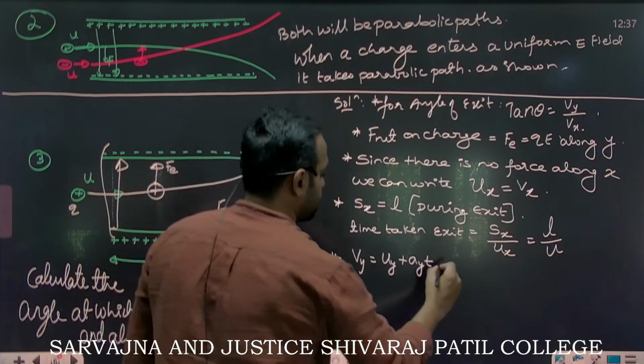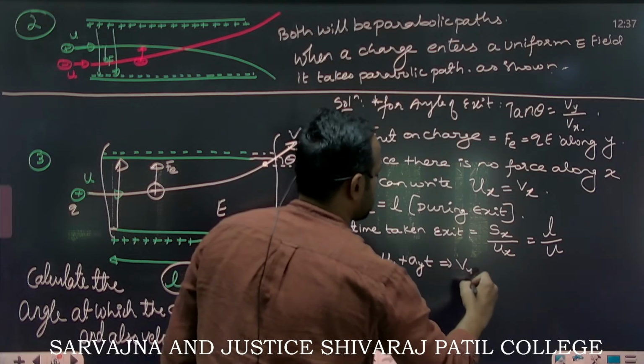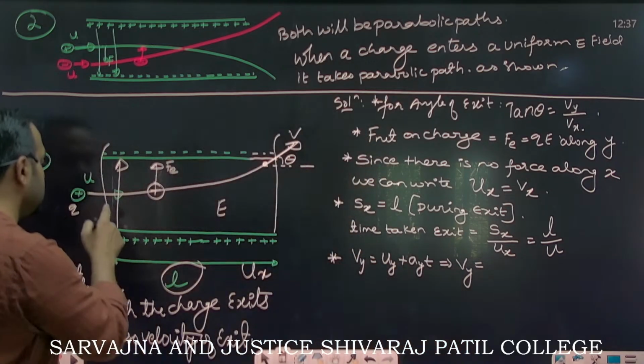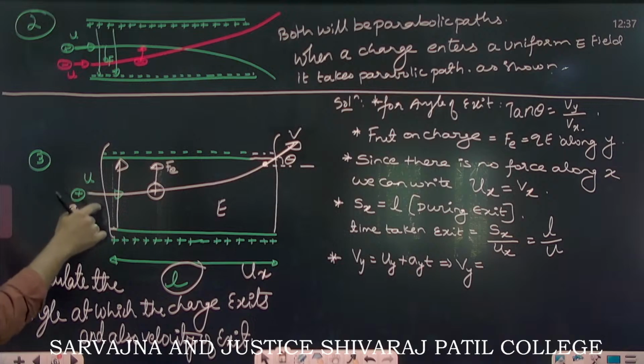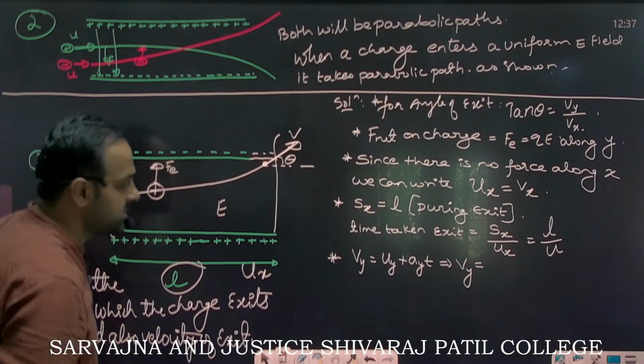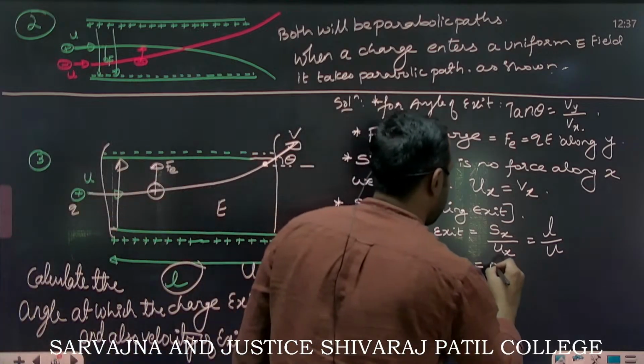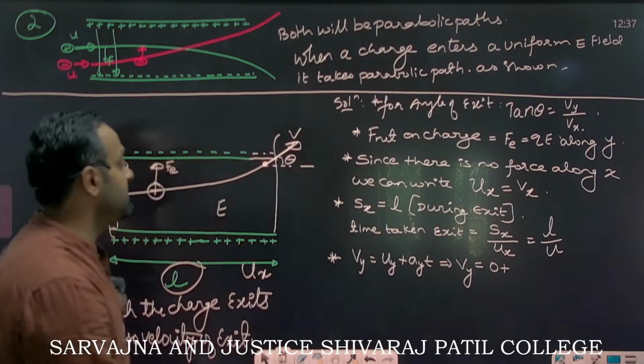So Vy: what is the velocity along the vertical direction initially? 0. The particle enters horizontally, so the initial velocity in the vertical direction is 0. Plus, what is the acceleration along the y axis?